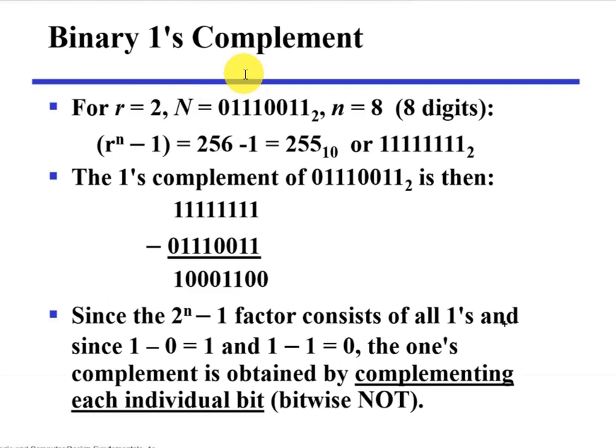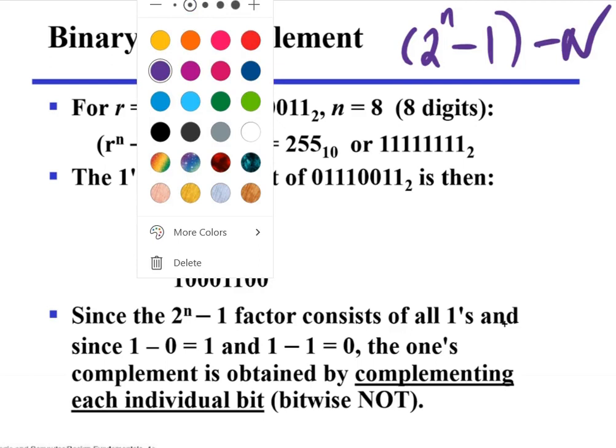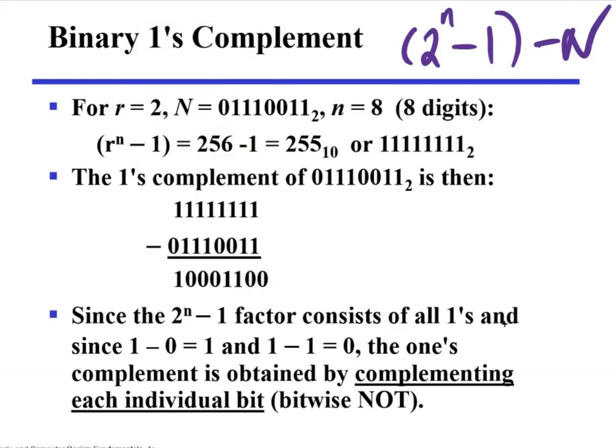Let me write it down here: 2 to the n minus 1, minus n. So this is the formula for defining the 1's complement.